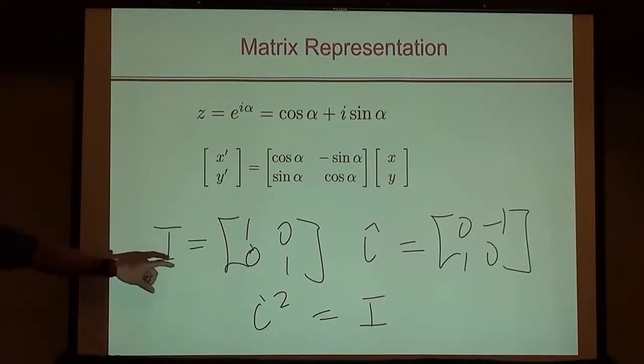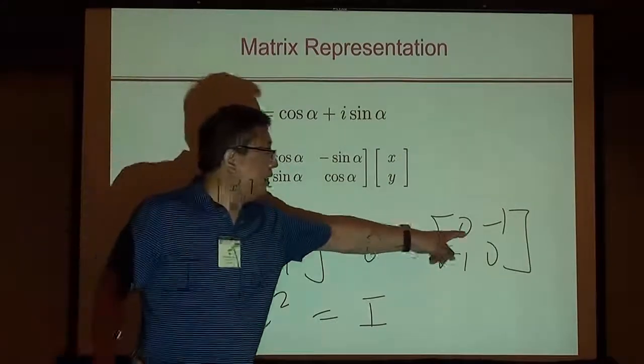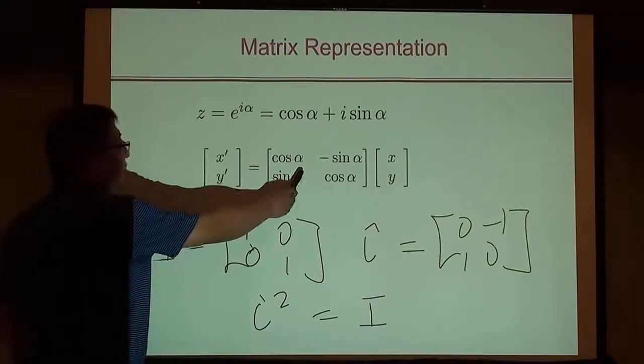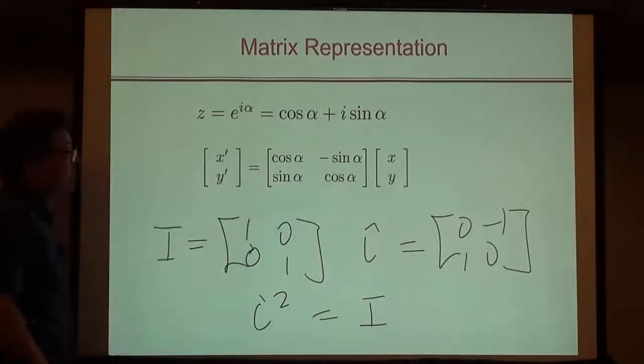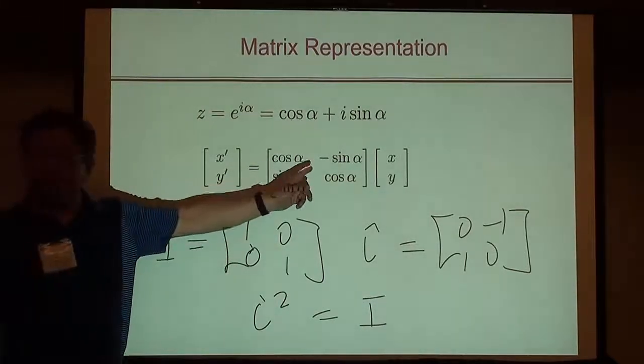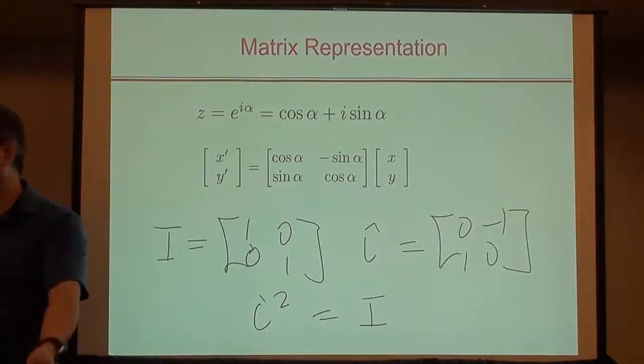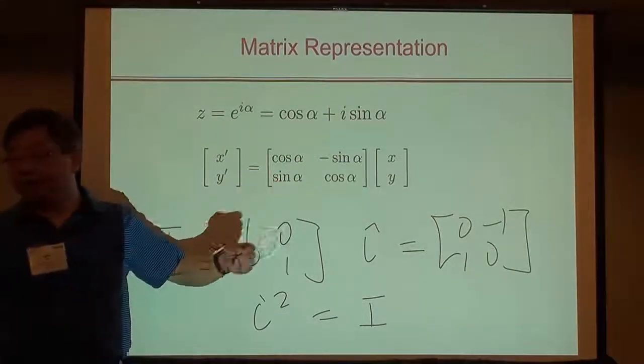The second thing is, how do we get this matrix? If you look at a rotation of 90 degrees, if alpha is 90, then cosine alpha is equal to 0 and sine alpha is equal to 1.